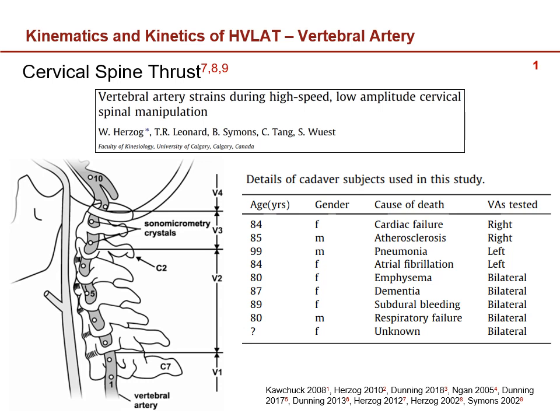This is worth consideration from the standpoint that obviously the age of the vertebral artery in question would likely be correlated with the mechanical failure force of said vertebral artery. You can see that there's a mix of males and females. You can also see the different causes of death, and that some of these were quite pertinent to the cardiac and the cardiovascular system.